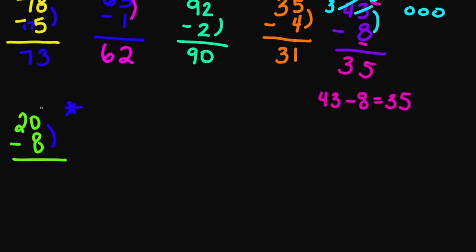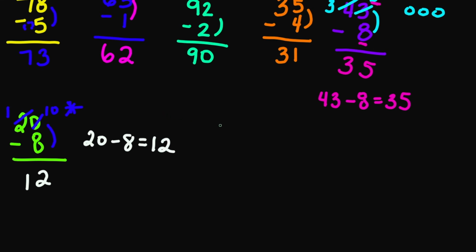So 0 minus 8, I can't do that. I need to borrow now from the 2. This is going to become a 1. This is now going to become a 10. So now you have 10 minus 8, and that's 2. And then 1 minus 0, and that's 1. All right, so 20 minus 8 equals 12.